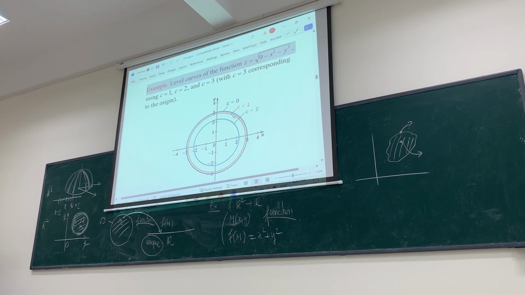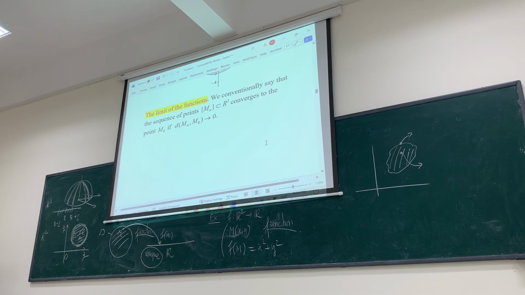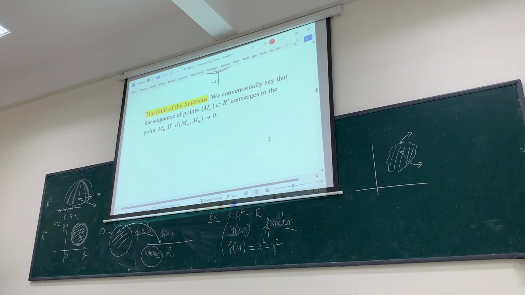Now, continue. We have the limit of a function. Before that, we remind you about the limit of a sequence.